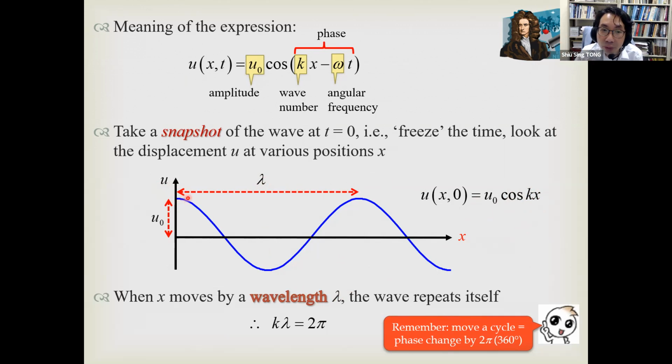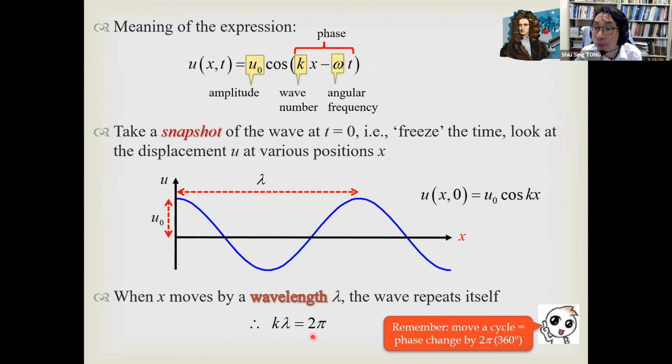So if x increases by a wavelength, then the phase kx must change by an angle 2 pi, which is equivalent to a complete period. That means k lambda is equal to 2 pi.